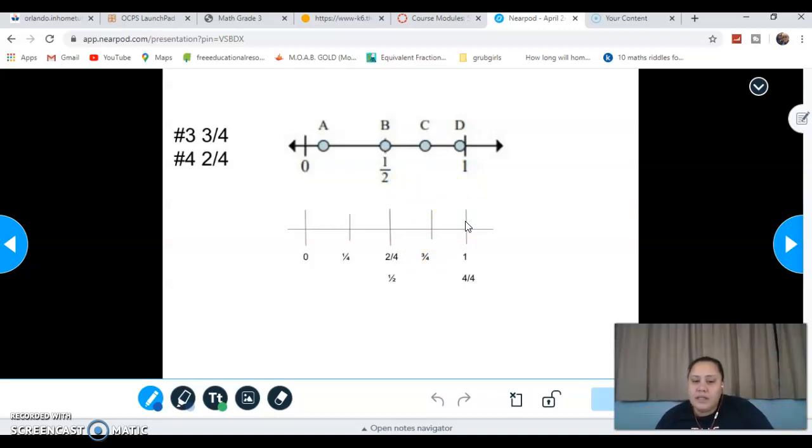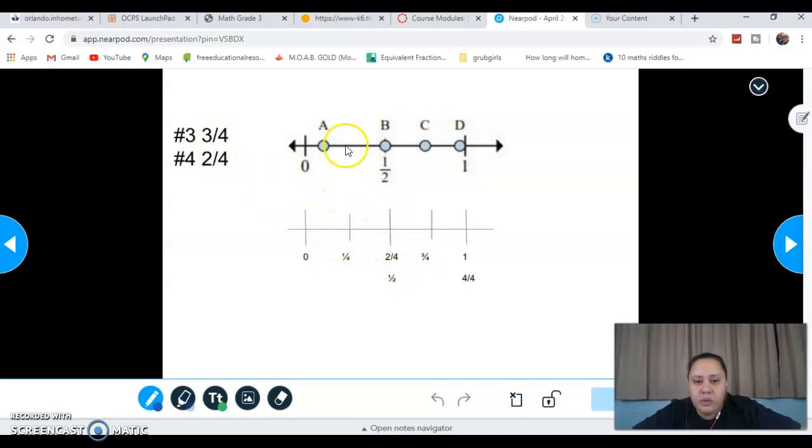And I'm hoping some of you who had questions and emailed me yesterday are looking at this number line. The easiest way to do this type of assignment is to redraw a number line the same length, because then you can compare it. Now I can compare and just look above and say, okay, which one are they asking for, 3/4?